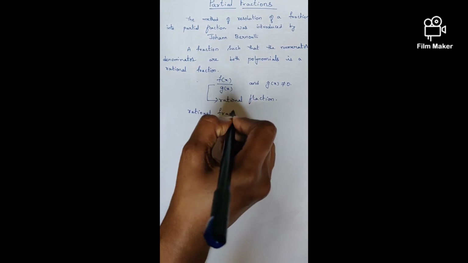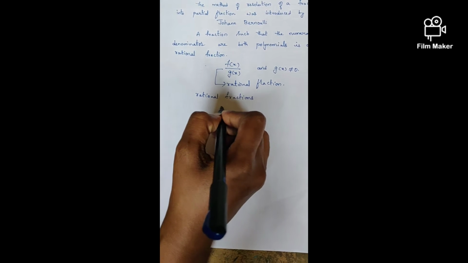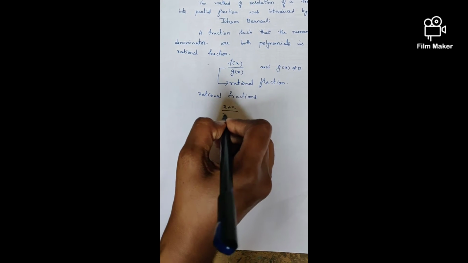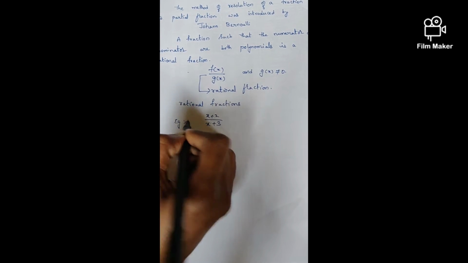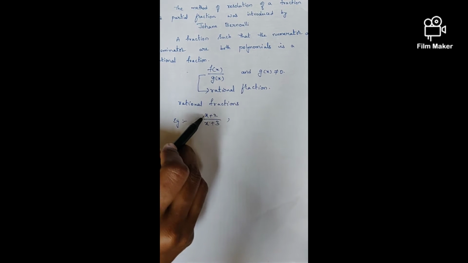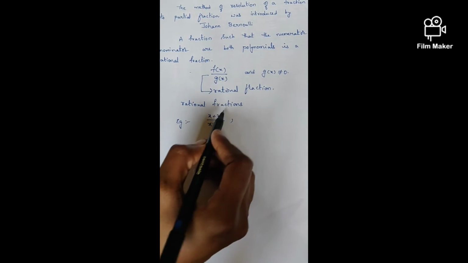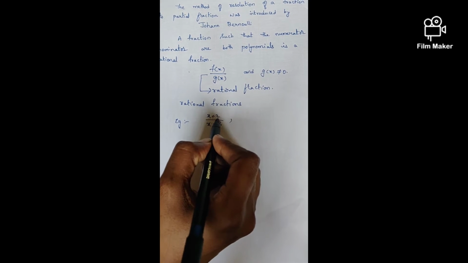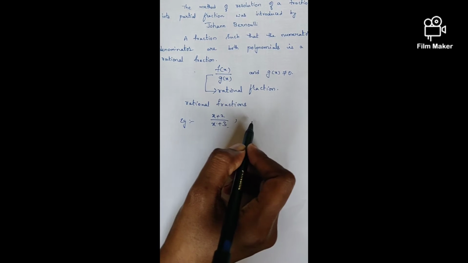Rational fractions, like we can take x plus 2 by x plus 3. This is one example. We can say that the numerator and denominator are both polynomials, where x plus 3 is not equal to 0.